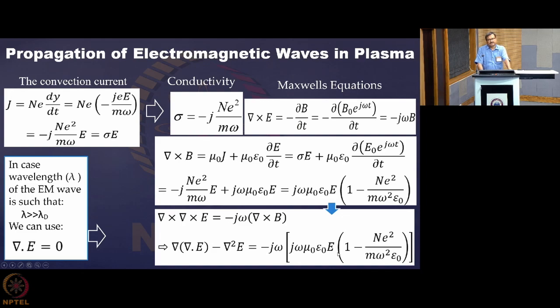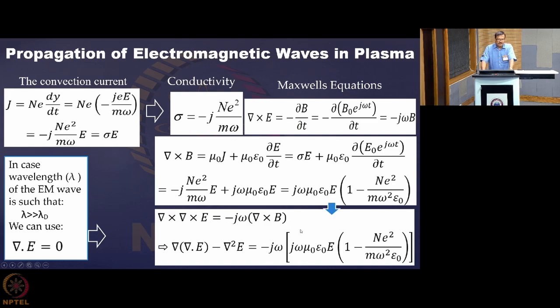Then E is there, then 1 minus this term. We have already derived this plasma oscillation frequency, and if you look very closely, you will find that the plasma oscillation frequency is already inbuilt inside this term. How? You see that n square by m epsilon 0 is nothing but the square of the plasma oscillation frequency.